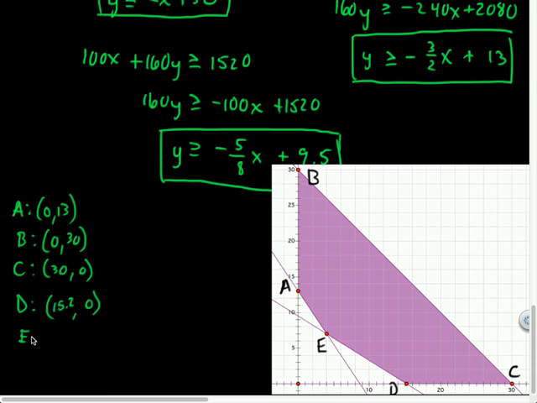Point E is the intersection of these two lines. So tell me, how could I find the coordinates of point E? Are you trying to read this off the graph? 1, 2, 3, 4.